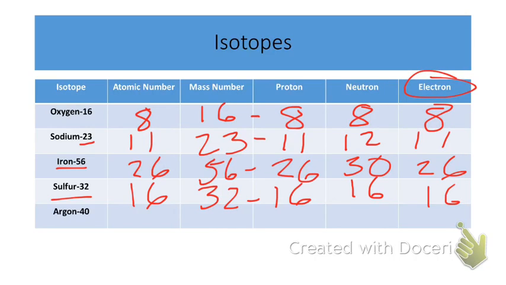And we have 16 electrons. Okay, finally, argon 40. Argon has an atomic number of 18. It has a mass number of 40. Again, 18 protons, so 40 minus 18 gives us 22 neutrons, and it has the same number of electrons as protons, which is 18.